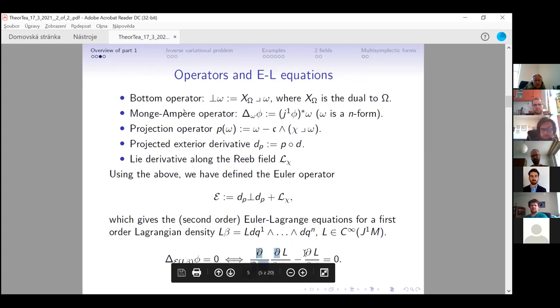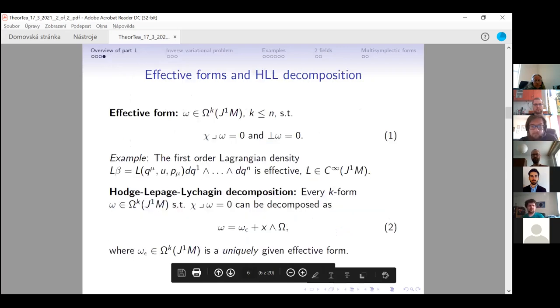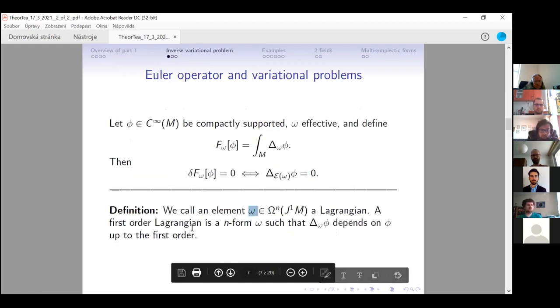which has this nice expression. Okay, and sorry, I used Lagrangian density here a few times, but I wanted to call it this way. This is the proper definition that I want to use. Simply, if I take an n form on J1M, I call it a Lagrangian.